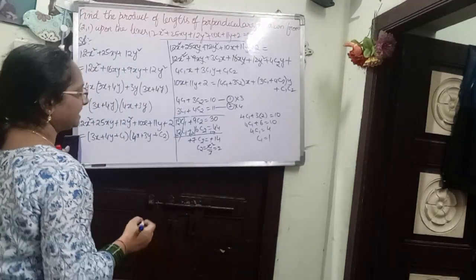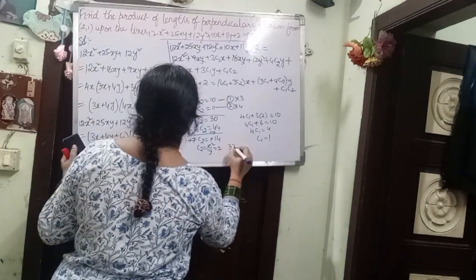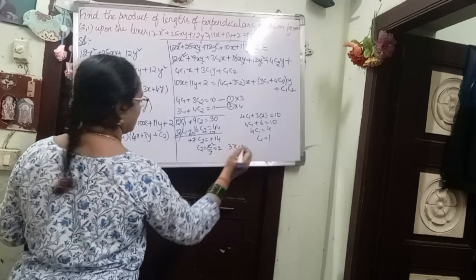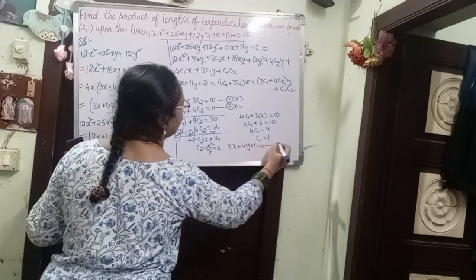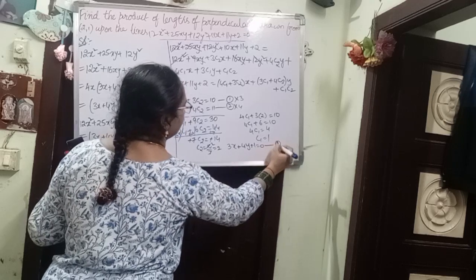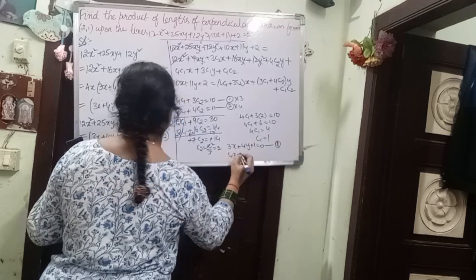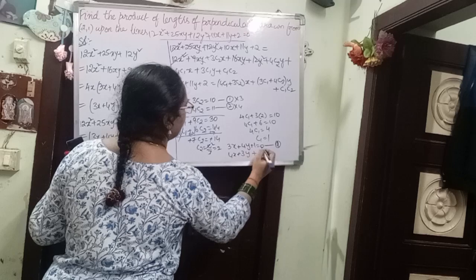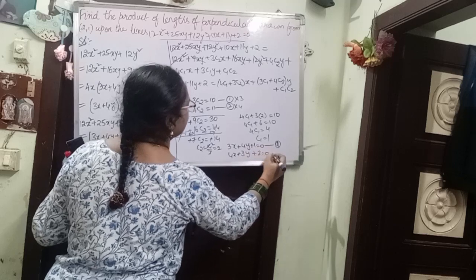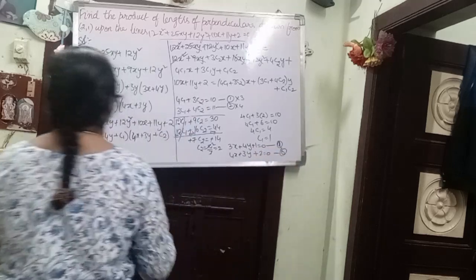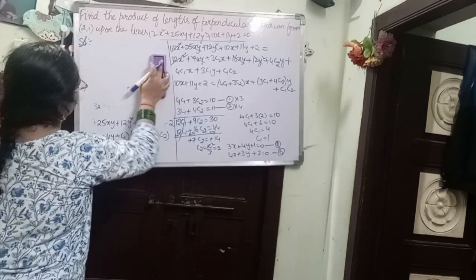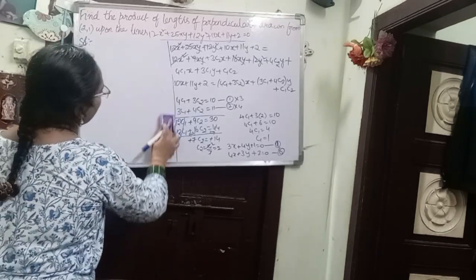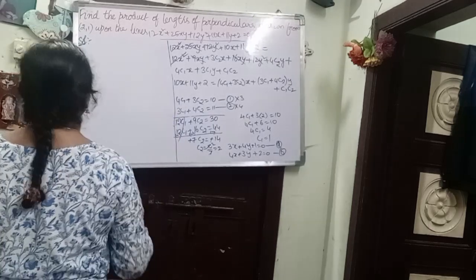So we can write the equations as 3x plus 4y plus 1 equals 0, this is equation A, and 4x plus 3y plus 2 equals 0, this is equation B. Now we have to find the lengths of the perpendiculars drawn from (2, 1) to these two lines.